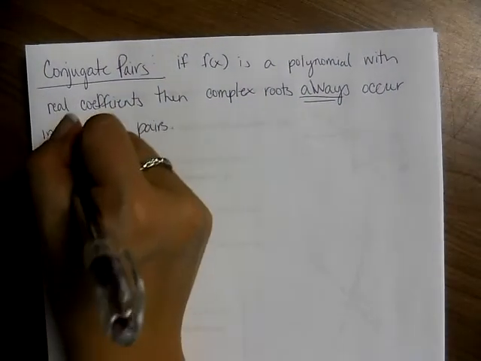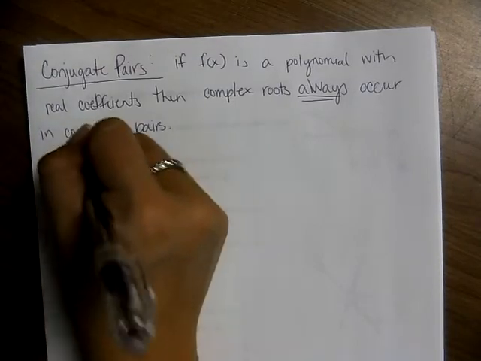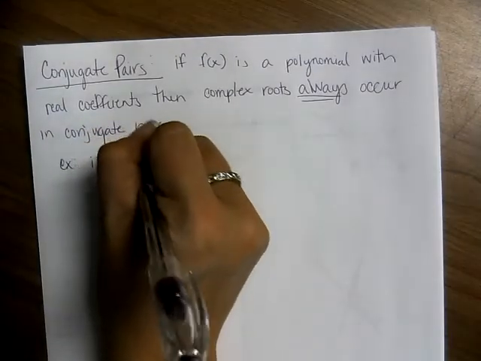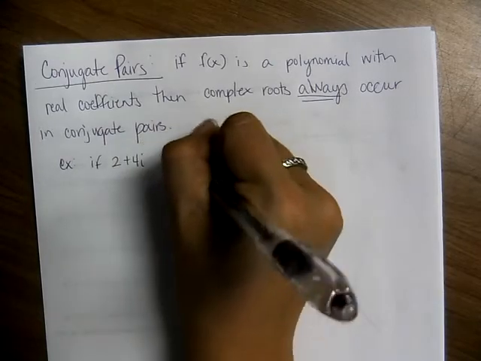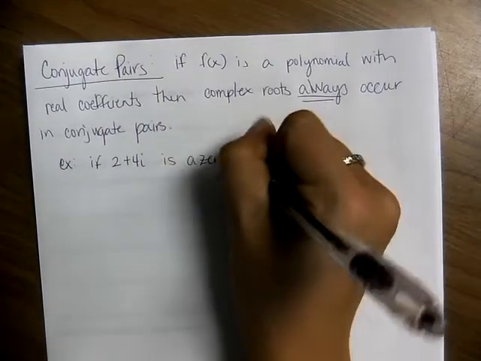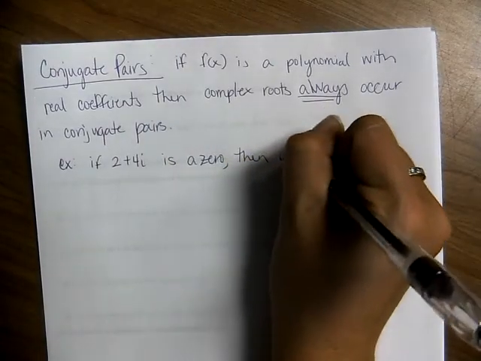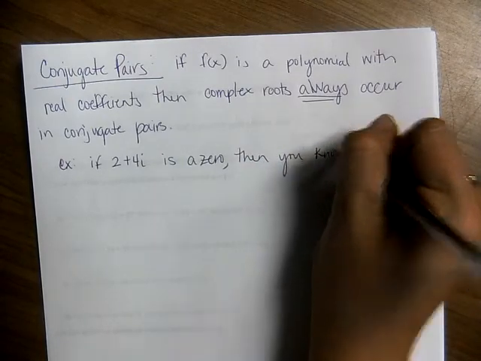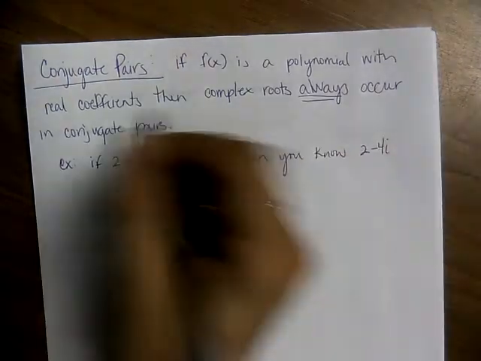Okay, so for example, if 2 plus 4i is a 0, then you know 2 minus 4i has to be a 0.